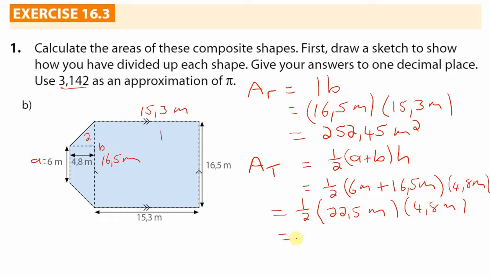So now we can use our calculators. We simply multiply everything. So we have half or 0,5 times 22,5 times 4,8, which will result in 54. And meter times meter is square meter.